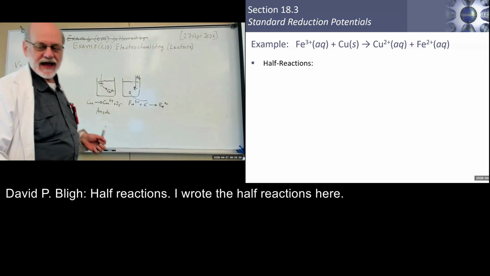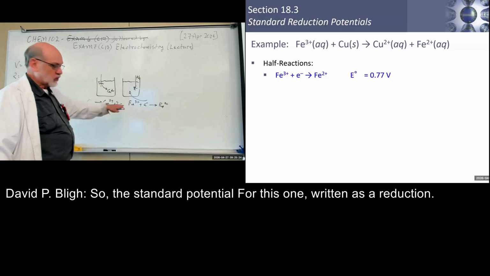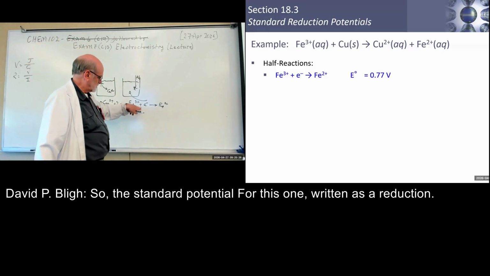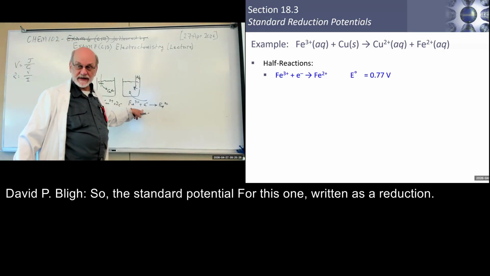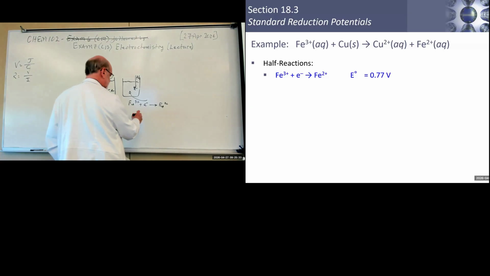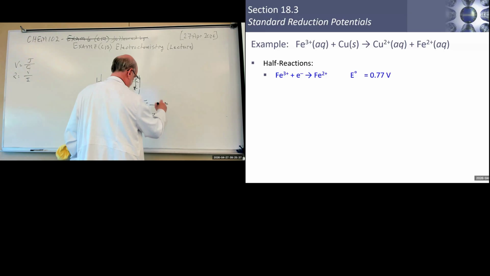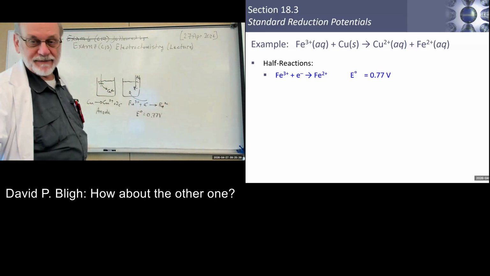Okay, half reactions. I wrote the half reactions here. Right? So the standard potential for this one, written as a reduction, is 0.77 volts. Okay. How about the other one?